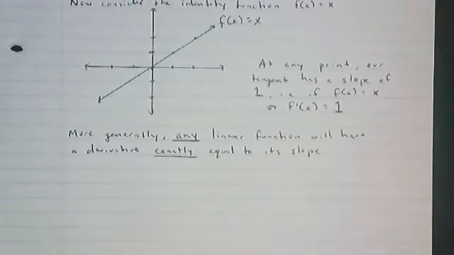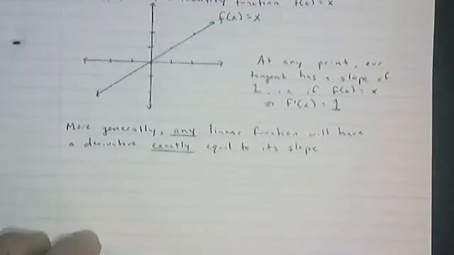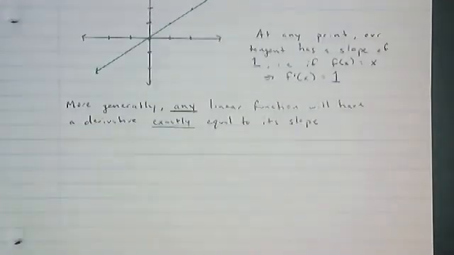Which introduces a very, very important idea. Not just about linear functions, but about functions in general. But I'm going to use this basic linear idea to illustrate it. And this idea is that two different functions can have the exact same derivative. Say that again. Two different functions can have the exact same derivative.